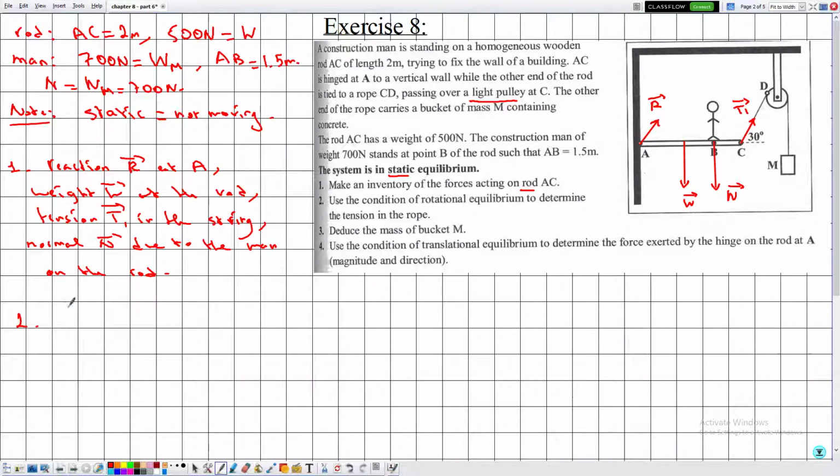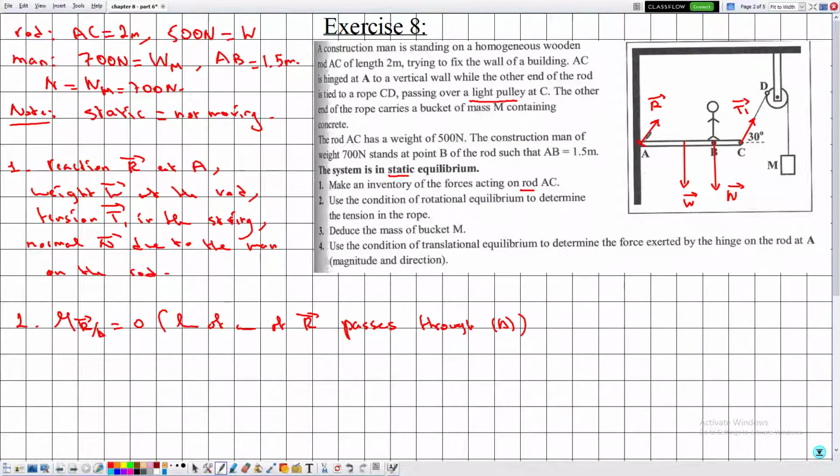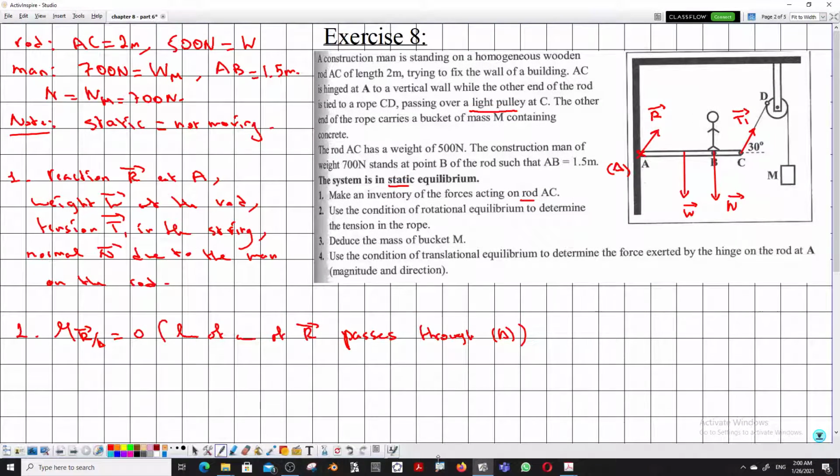Let's start with the moment of the reaction, which is directly 0, because the line of action of R passes through delta. Because we suppose that the rod has the ability to rotate around the axis delta, hinged at the point A.